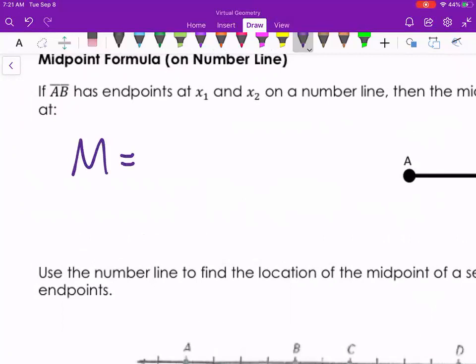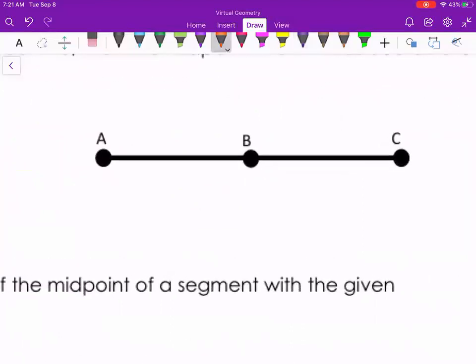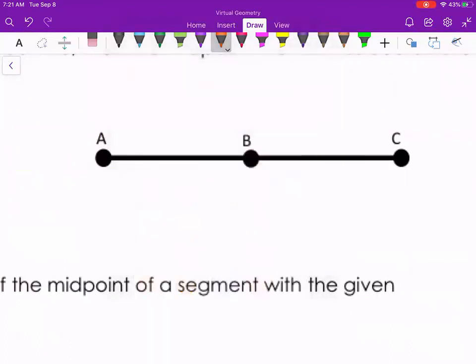So our midpoint is going to be located at the average of the two ends: x1 plus x2, there are two of them there, and we'll divide that by 2. So let's see where we have our segments and where our information is going to be found. Again, the average of your two ends. The first point we come to, we'll let that be x1.